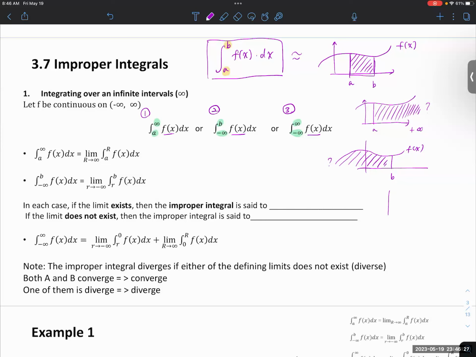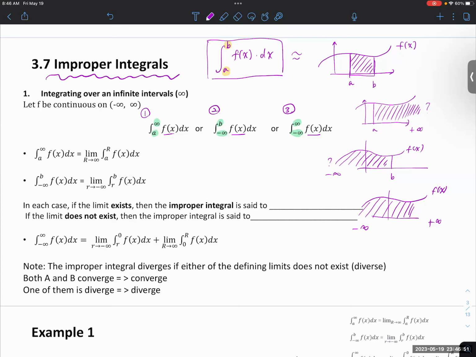Or the last case, everywhere under the function, from negative infinity to positive infinity. What is that area? We call this type of integral that involves infinity, positive or negative, improper integrals.